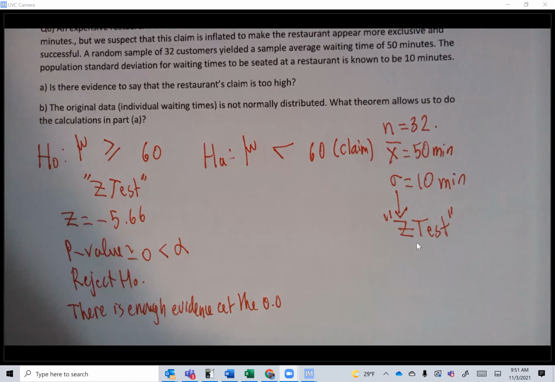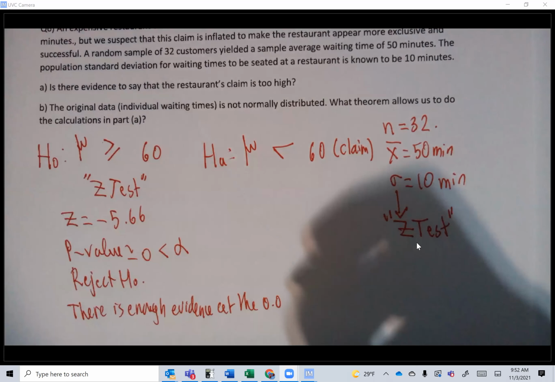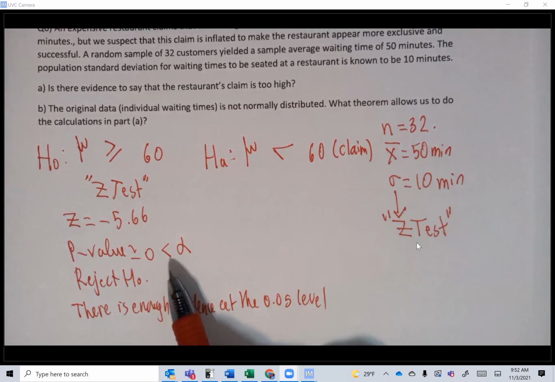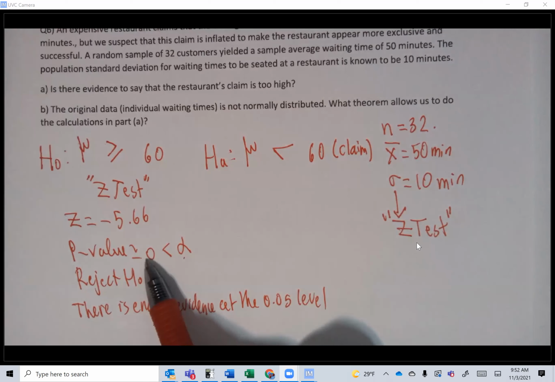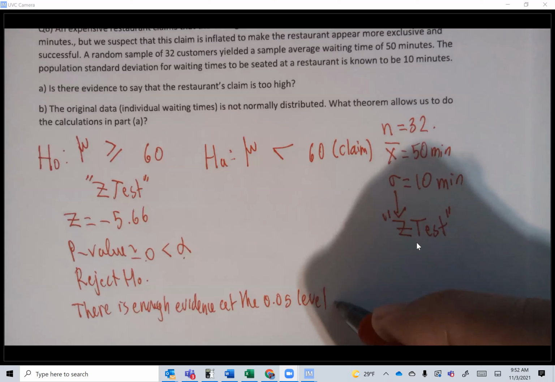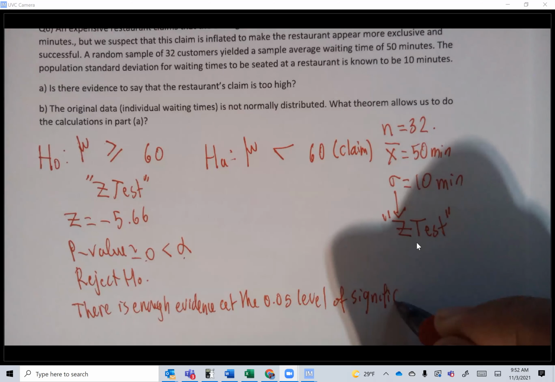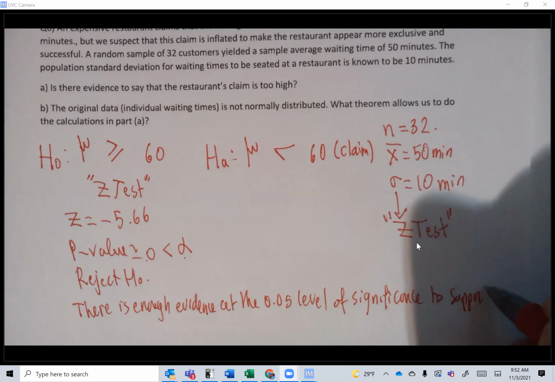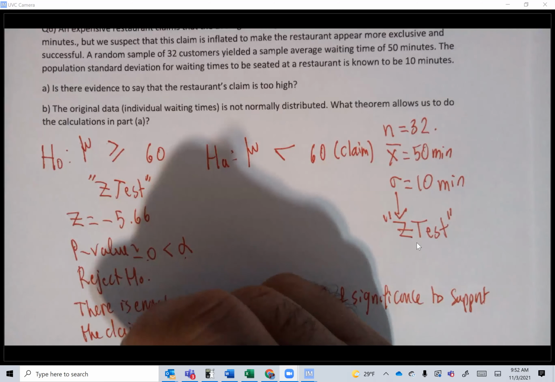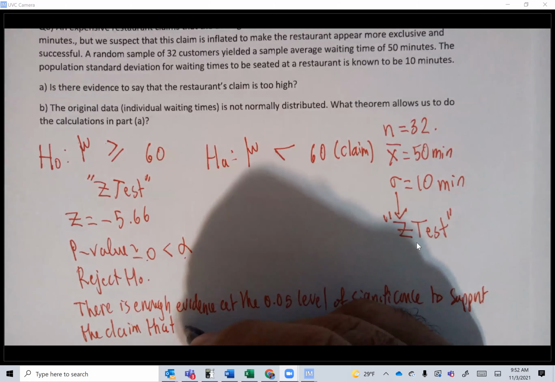It didn't give me alpha, but I'll use 5%. It doesn't matter what alpha is, guys. The p-value is 0, so no matter what alpha you put, it's going to be less than that. The level of significance to support the claim that the restaurant's time is inflated.